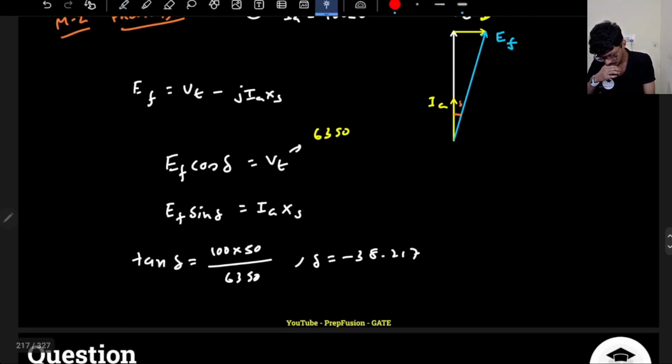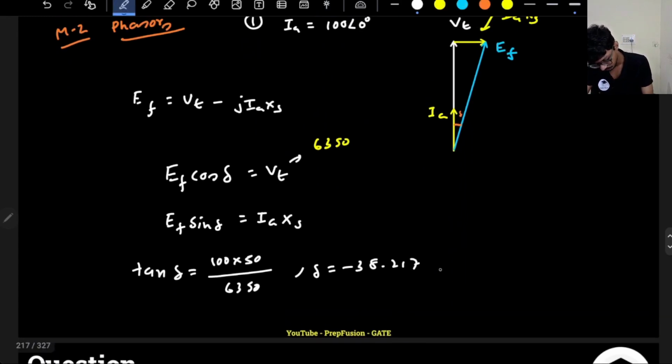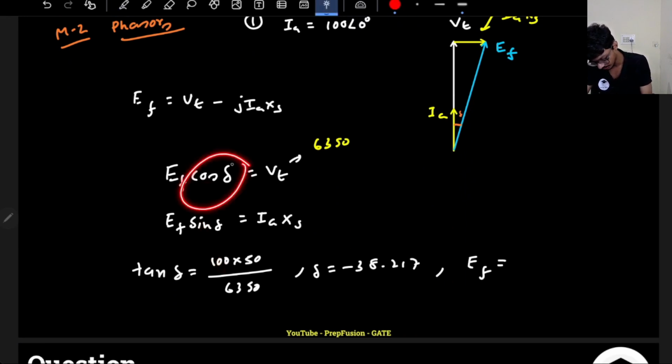Okay, so we got the delta, we got the EF. If I replace here with cos delta, I will get my value of EF.